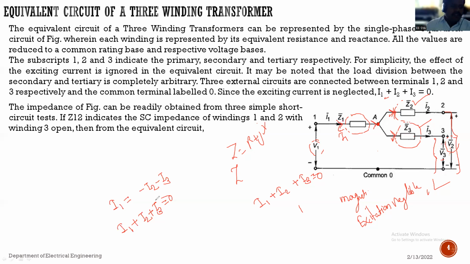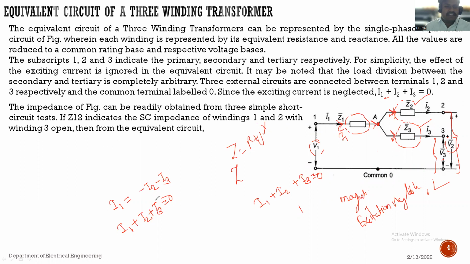Okay, so the impedance of the figure can be readily obtained from three simple short circuit tests. The impedances of all three windings can be calculated from three simple short circuit tests.